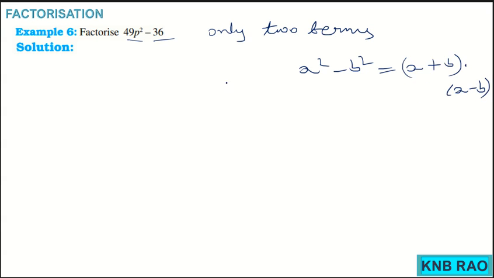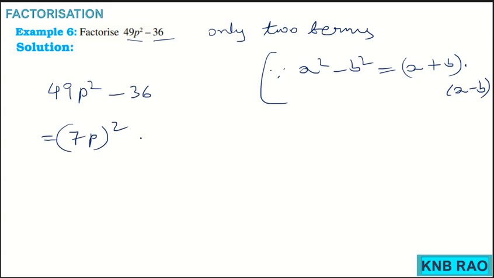That means I can write 49p square minus 36 as 7p whole square minus 6 square.